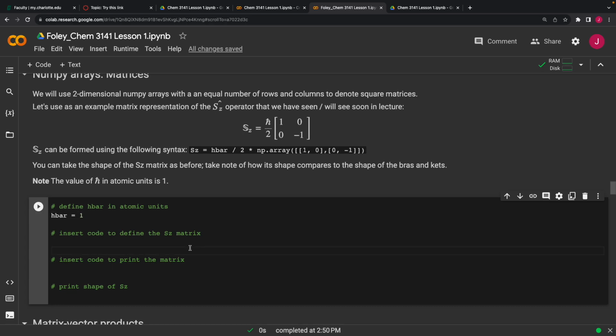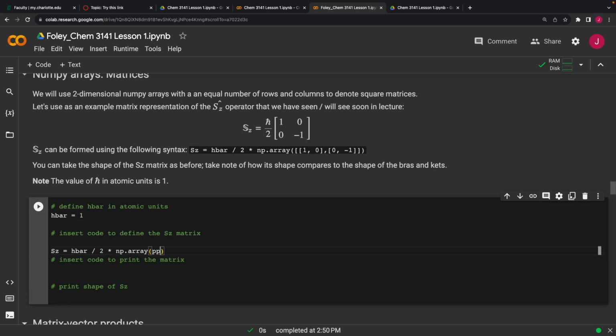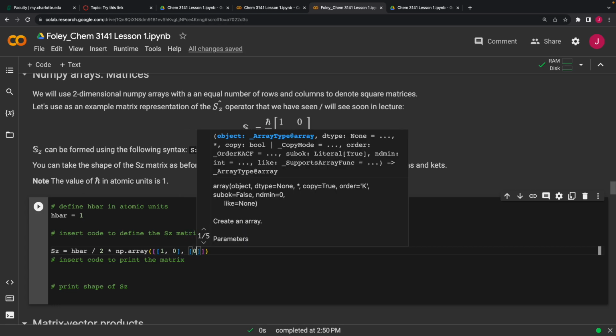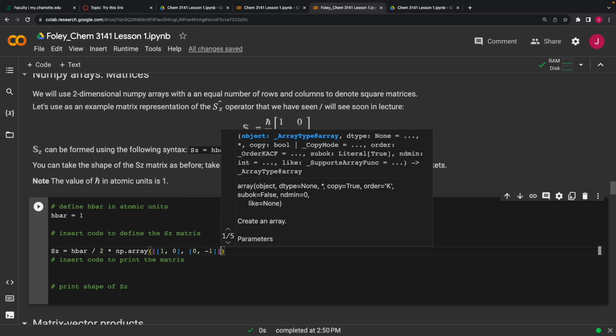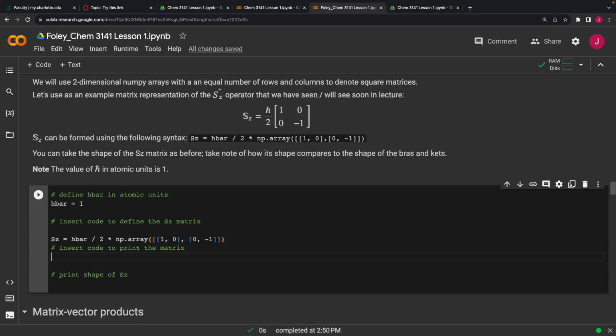Okay, so let's go ahead and define this matrix. You can copy the syntax here, but I'm going to ask you to try to type it by your own hand. Then after that, write the code to print S sub z.